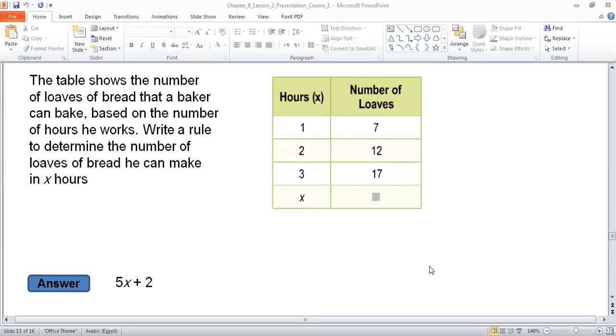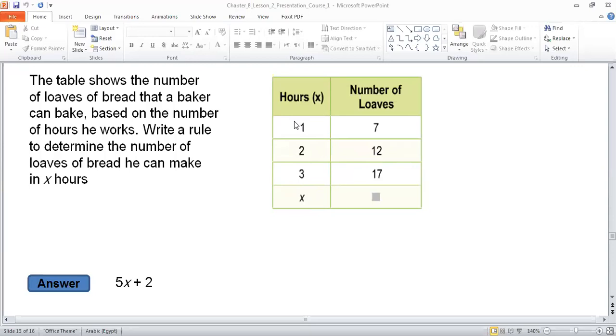So be with me now. If 1 becomes 7, and 2 becomes 12, and 3 becomes 17, what do I do here?